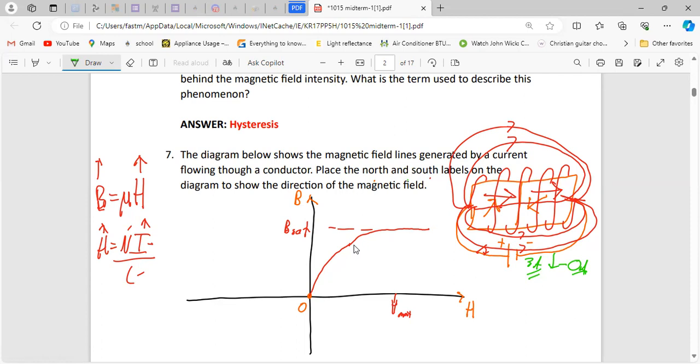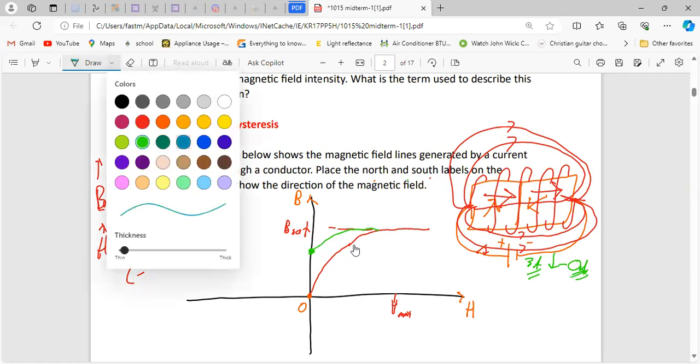From here, you decrease the current until H becomes 0, meaning you have no external magnetic field, but some of the domains will still be aligned in the same direction, so you will still have some retained magnetic field in the material. This point is called the retentivity point, or the retentivity effect. Even if you remove the external magnetic field, the core will still maintain some magnetism. Remember, we are at 0 amps now.